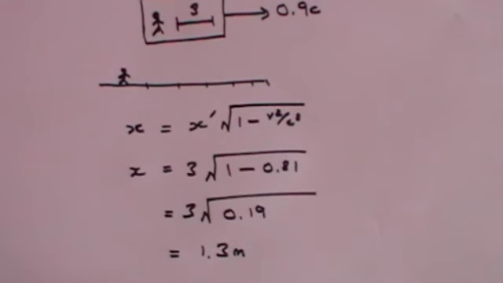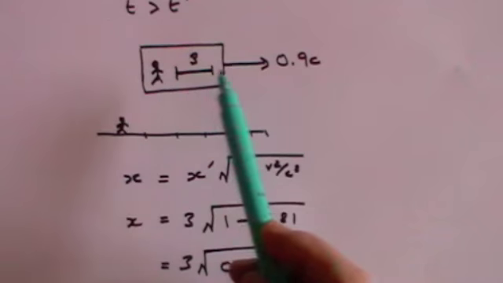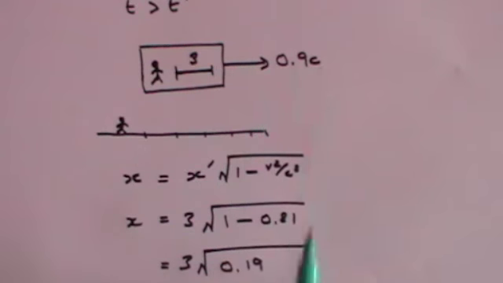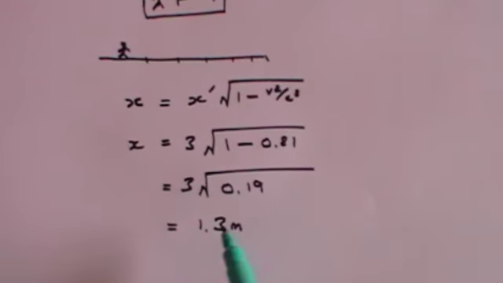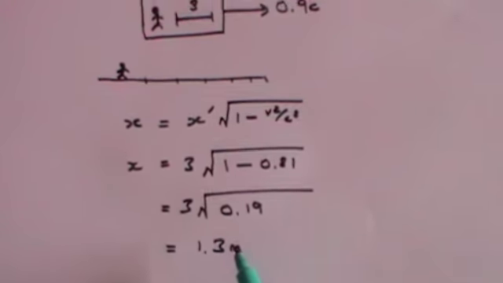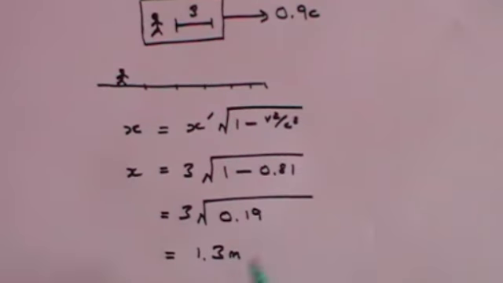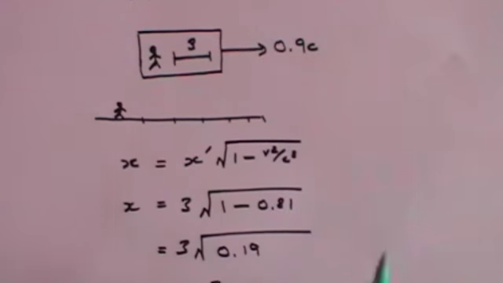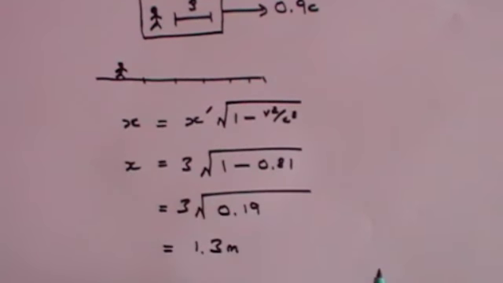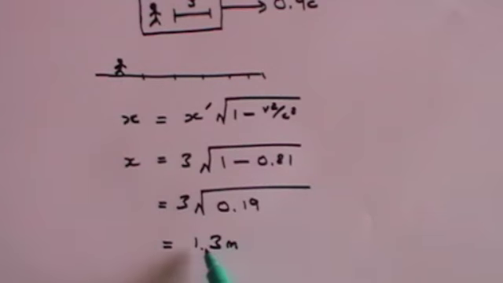So what we've said is that Alice measures the rod to be 3 meters long, but Bob will measure it to be 1.3 meters, significantly shorter. And that is because Alice is travelling at 0.9 times the speed of light, and so there's a significant length contraction.